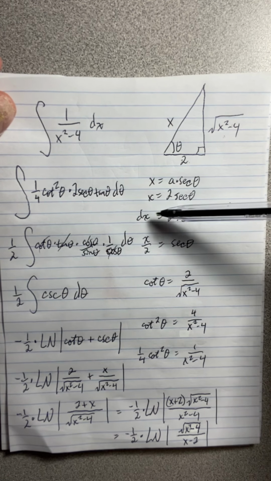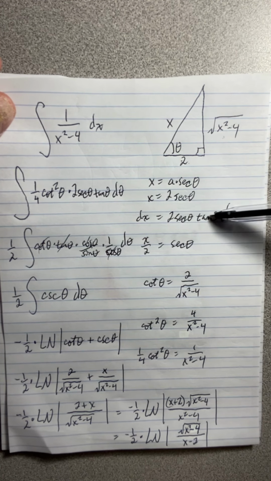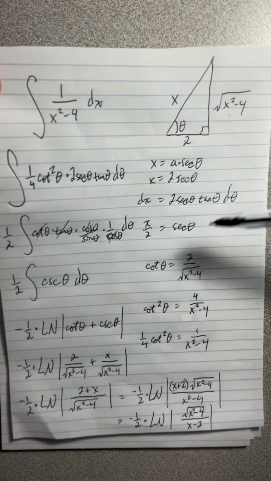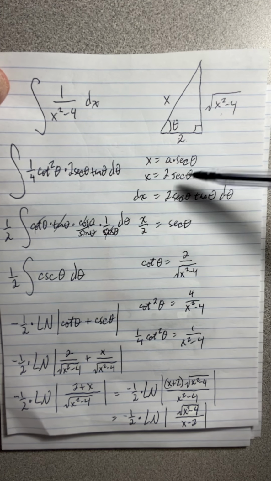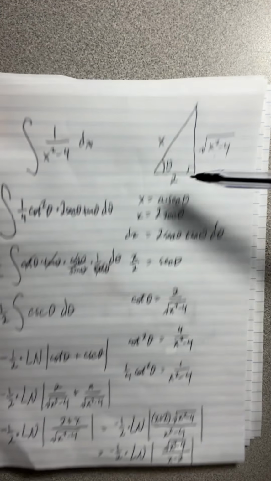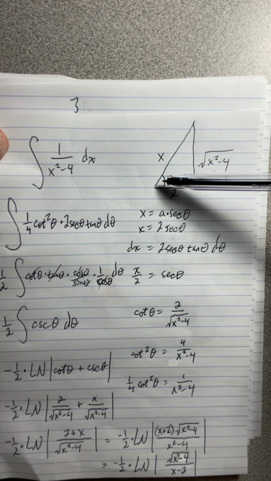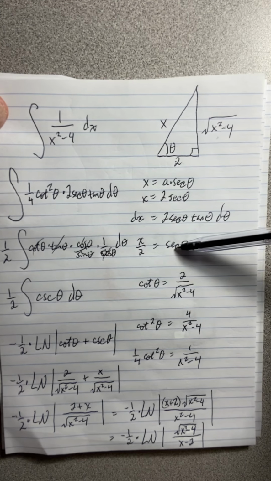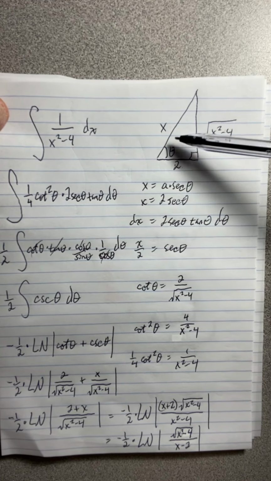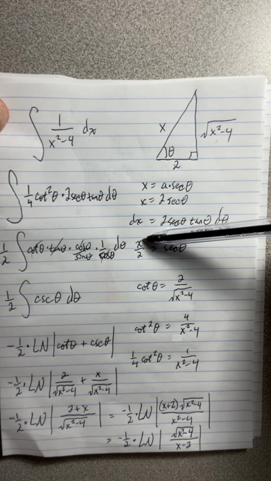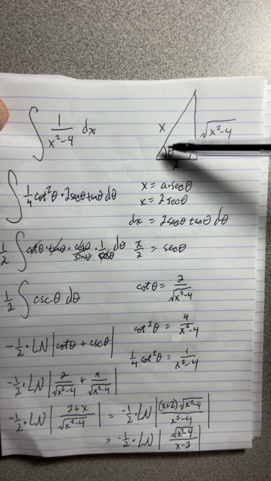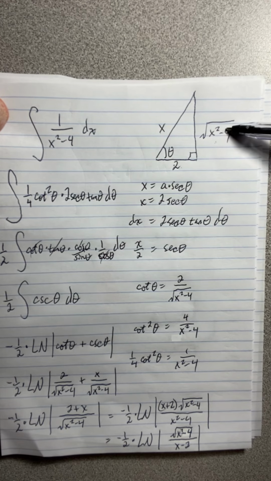And I got the dx, which would be the derivative of this, which is 2 secant theta tan theta. I solved for sec theta and got x over 2. Then I set up my triangle. And since sec is hypotenuse over adjacent, I put the x as the hypotenuse and 2 as the adjacent, and found this leg.